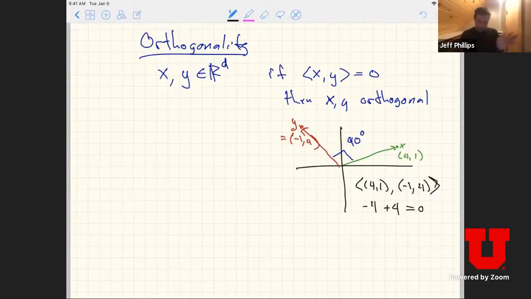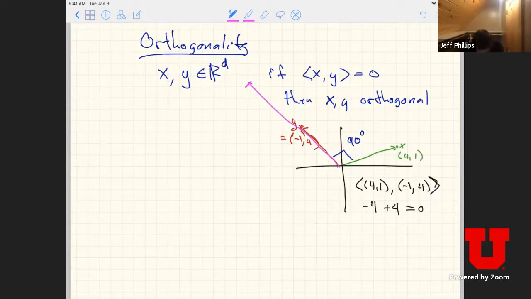Well, you can also make it longer. If I made y twice as long, let's just do this on the spot. Let's make y go out here, and so then this would be (-2, 8).